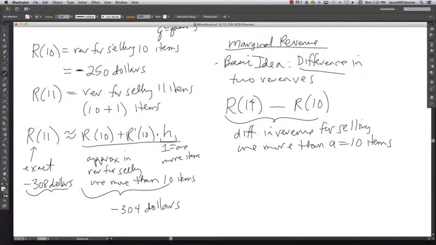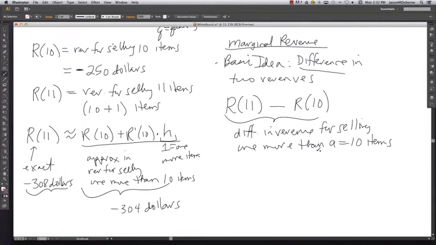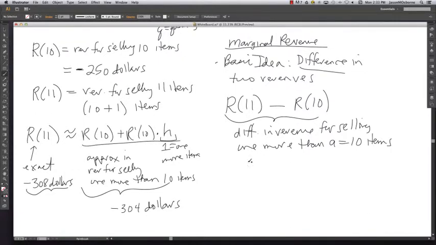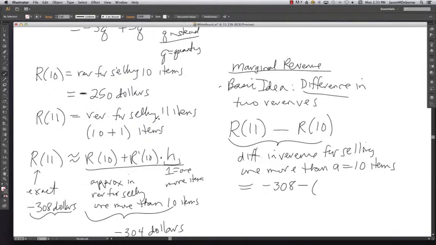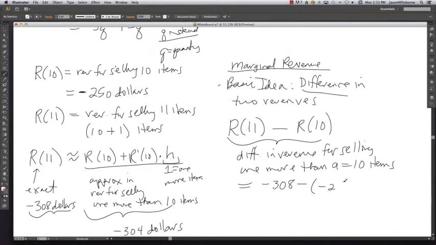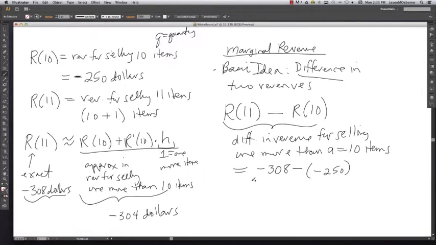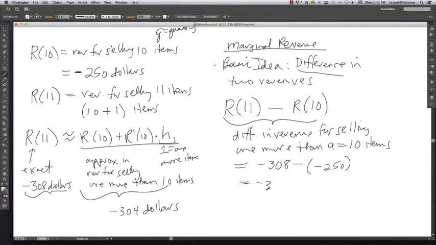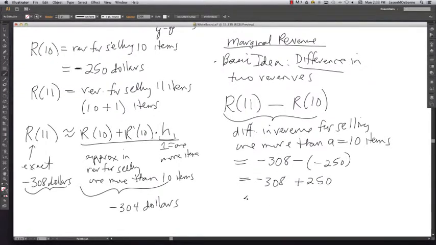You're selling 11 items, which is one more than 10 items. So you could see here that the difference in this case would be minus 308 minus the revenue for selling 10 items, which was minus 250, which is minus 308 plus 250. The minus and minus make a plus, and so what is that? Minus 48.